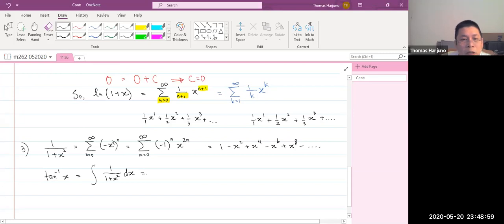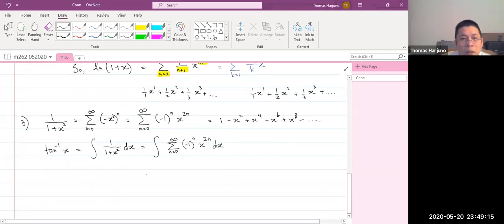Which means that can be represented by the integral of the summation from 0 to infinity of negative 1 to the n x to the 2n dx, which is equal to the summation of the integral of negative 1 to the n x to the 2n dx.